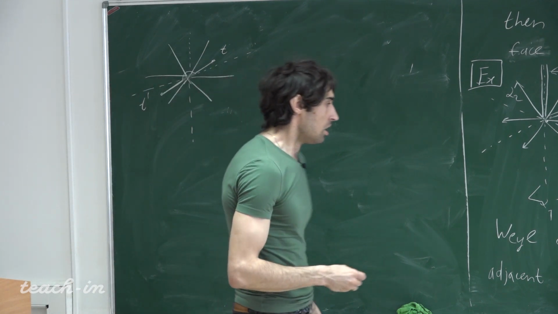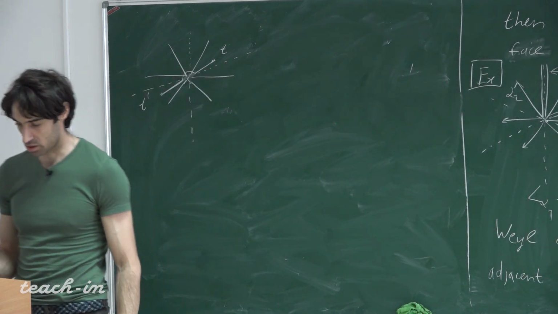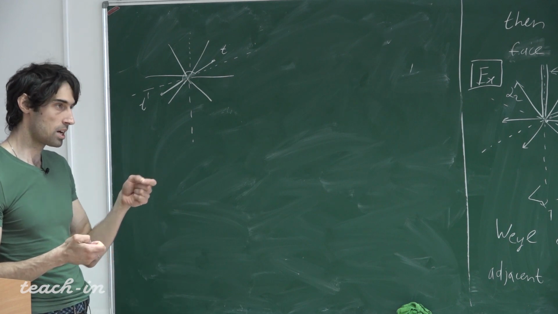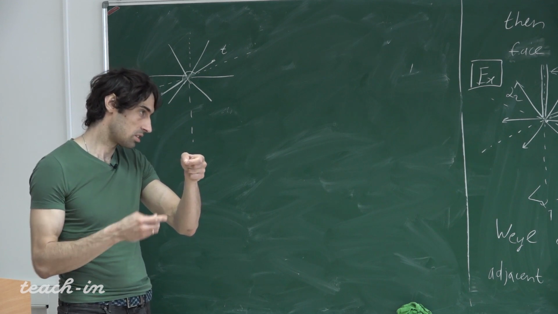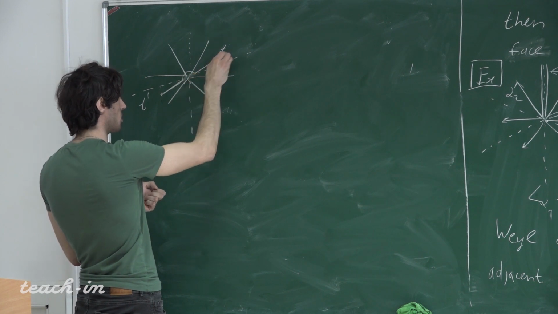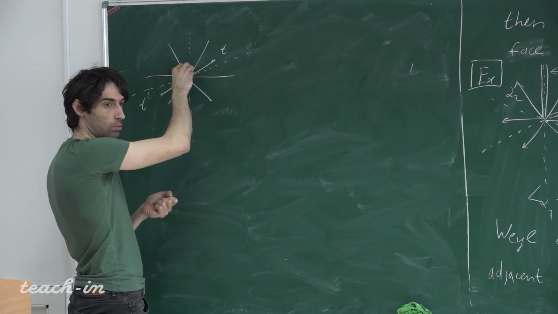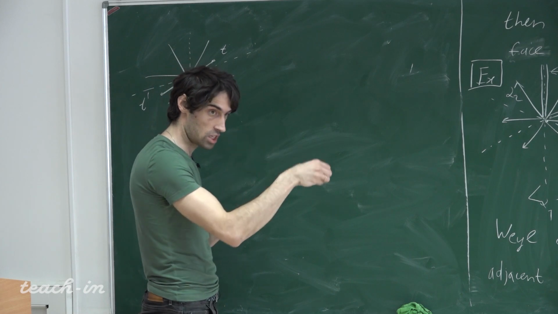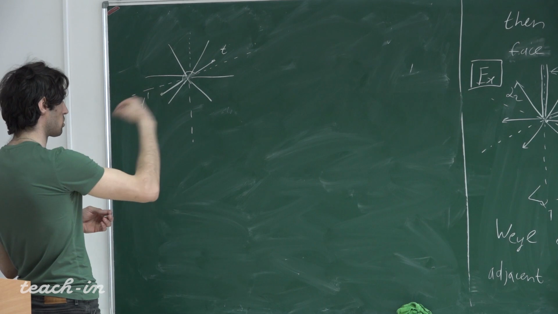Anyways, so it just means that this path goes inside some Weyl chamber, and then it goes to an adjacent Weyl chamber. When it goes outside of a Weyl chamber, it goes to an adjacent Weyl chamber. Okay, there's no way it goes to some other.